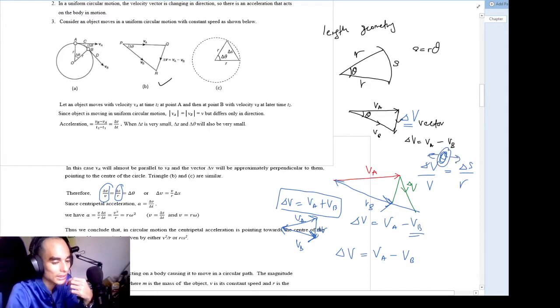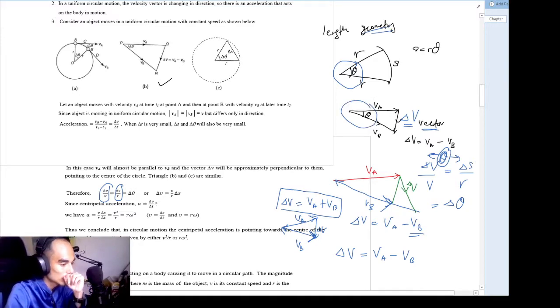Left side and right side have the same theta. So change of V over V equals change of S over R, and this equals change of theta. So you can see that by geometry and by vector, both of them are related by the theta. Both have the same theta.